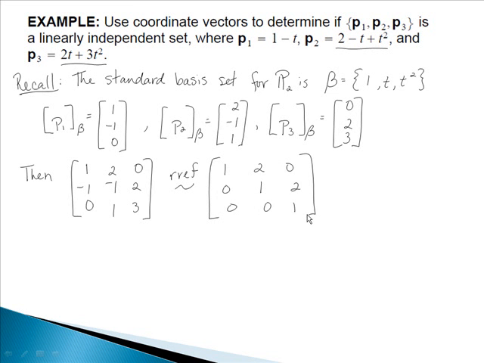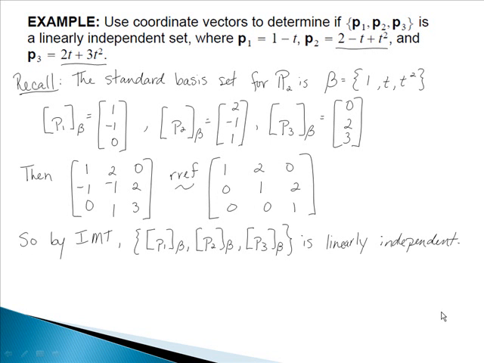So we see that I have a pivot in every row, and this is a square matrix. By the invertible matrix theorem, the set of the beta coordinate vectors for p1, p2, and p3 is linearly independent. And the note we looked at in the previous slide said that if those are linearly independent, then my original set of vectors is linearly independent.